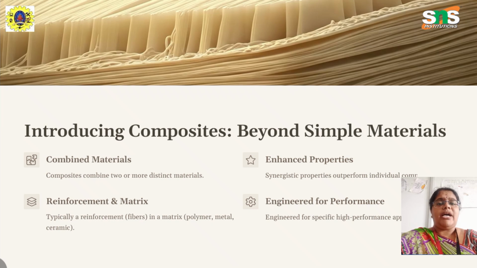The matrix is a long continuous phase that may be made of polymer, metal, or ceramic. The reinforcement material, like fiber, is added to this phase; it is discrete, while the matrix is continuous. These composites are engineered for specific high performance applications.